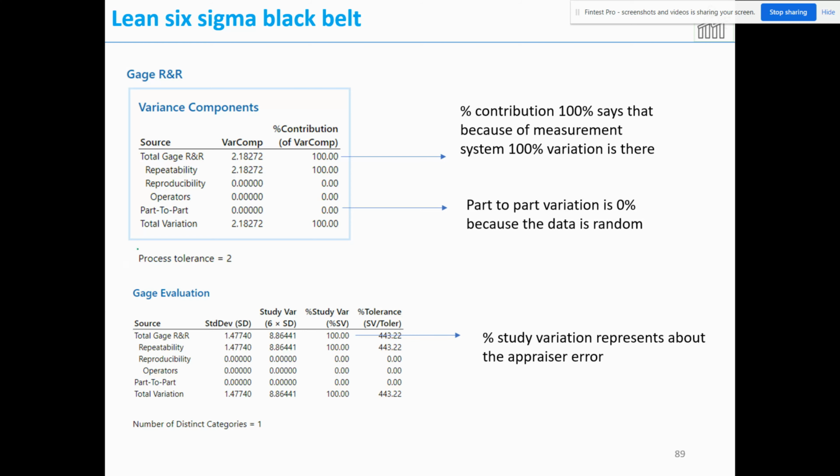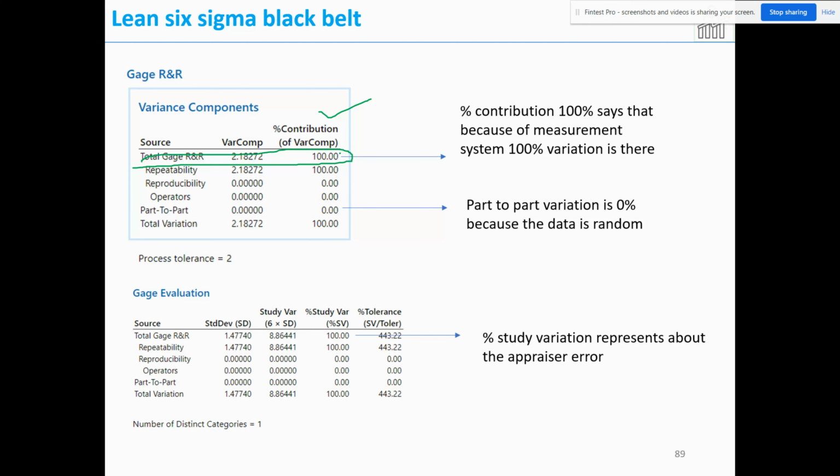So we'll get two types of windows. One is a table window and the other is a graphical window. We can call this the session window and this the graph window. In the session window, under variance components, we have to see the total gauge R&R percentage. This is nothing but because of the measurement system. So the measurement system also has a variation.